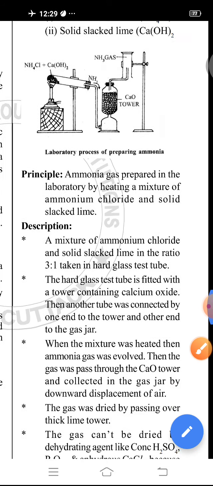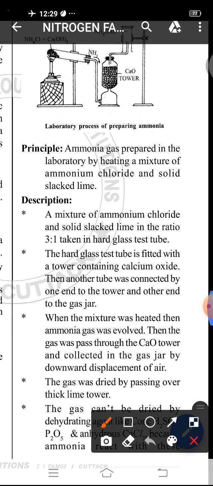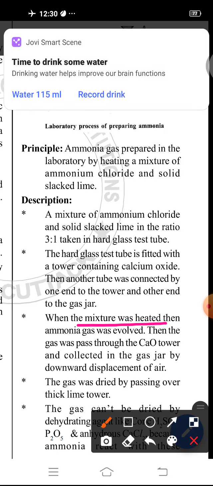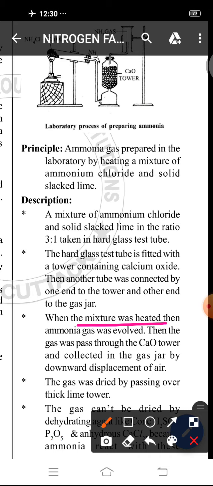Then how is ammonia prepared? When the mixture of ammonium chloride and calcium hydroxide is heated, ammonia gas is formed.